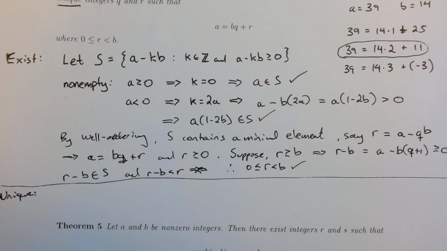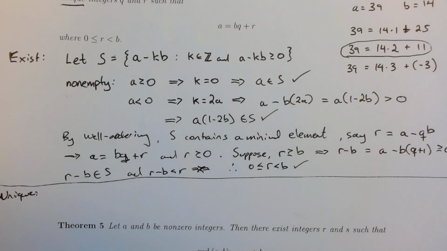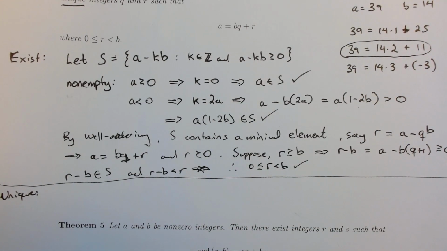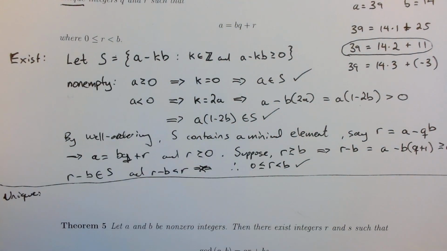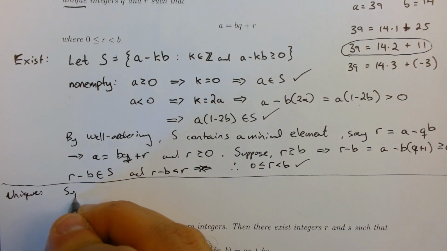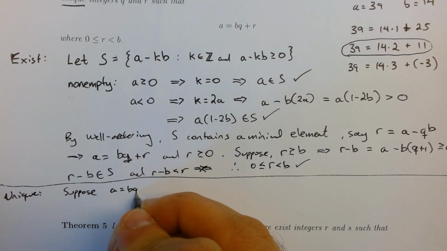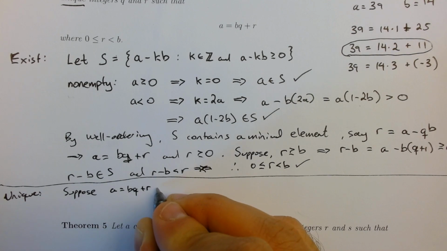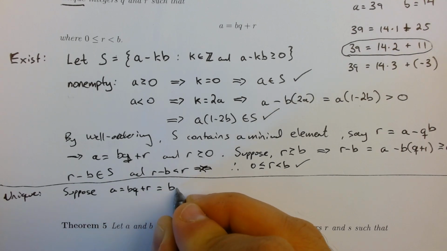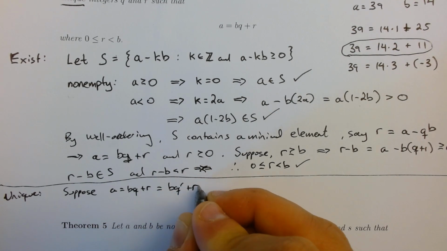So for uniqueness, now we suppose that there are two pairs of Q and R that satisfy this, where R is still between 0 and B. So suppose A can be equal to BQ plus R, and also BQ prime plus R prime.